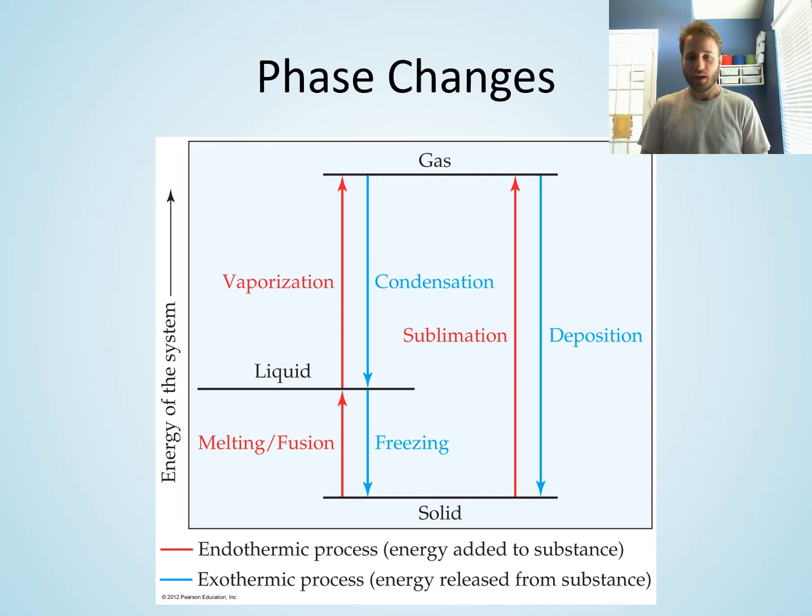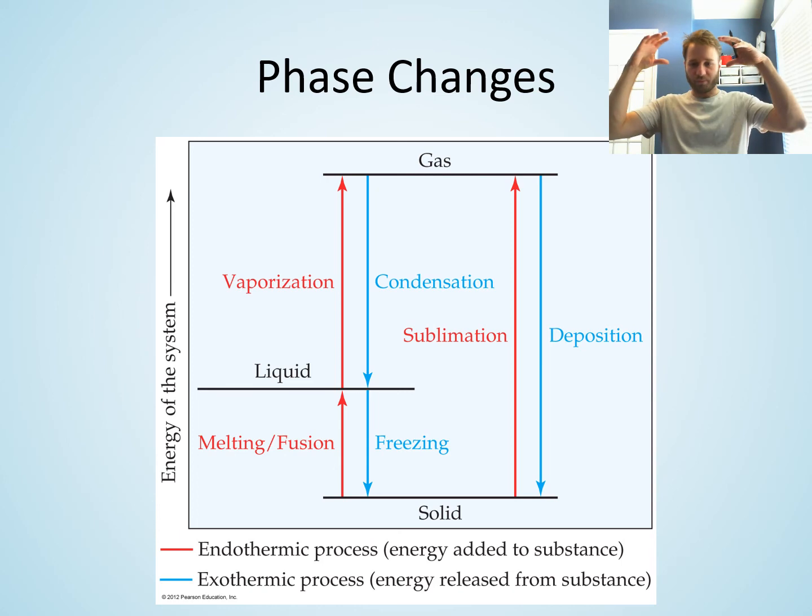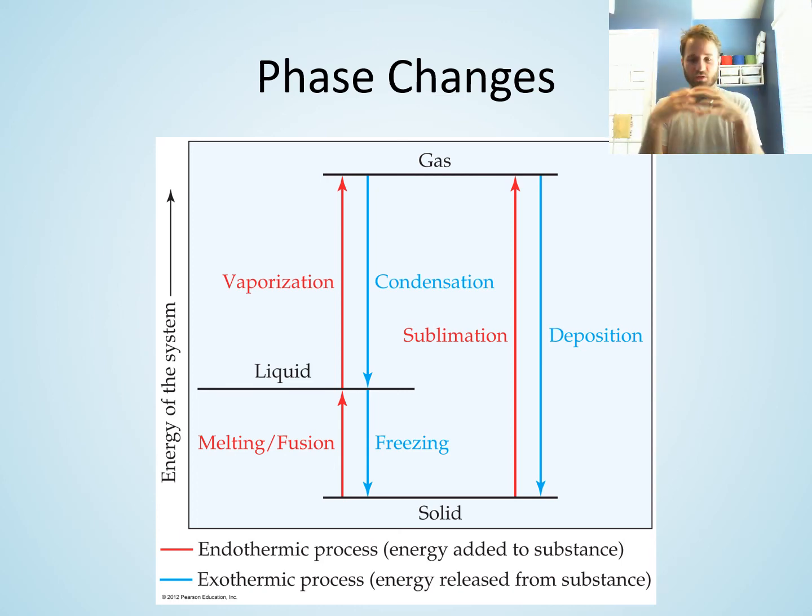And the blue lines represent exothermic processes. These give off heat, give off energy, because you are essentially gaining a bunch of attractive interactions going from a gas to a liquid to a solid, and that's going to give off energy to the environment, so it's exothermic.